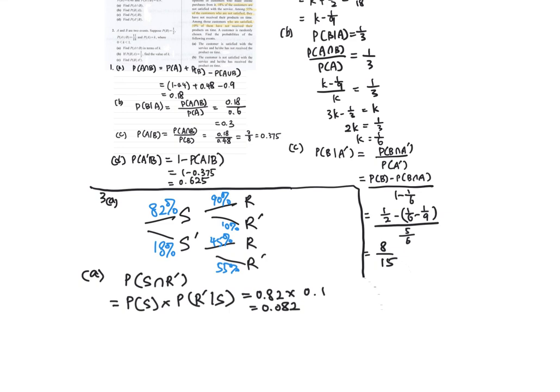And then for part B, you find the probability that the customer is not satisfied and has received the product on time.